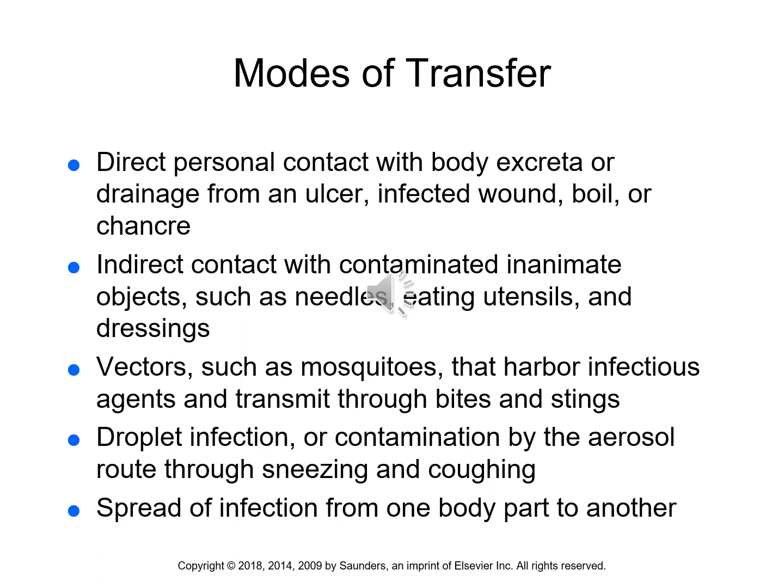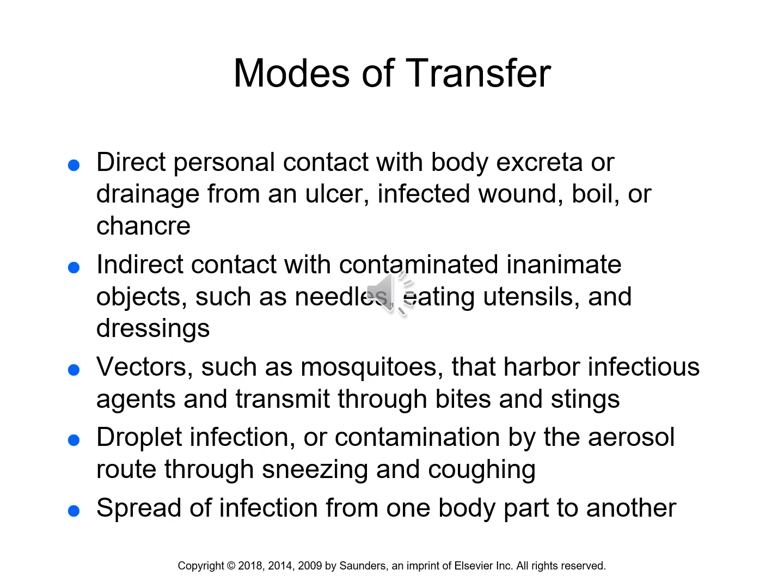Indirect transmission can be two different things. It could be a fomite, which is an inanimate object such as the dressing itself, contaminated needles, contaminated surgical instruments, eating utensils, tissues, toys, things like that that are contaminated with the pathogen.